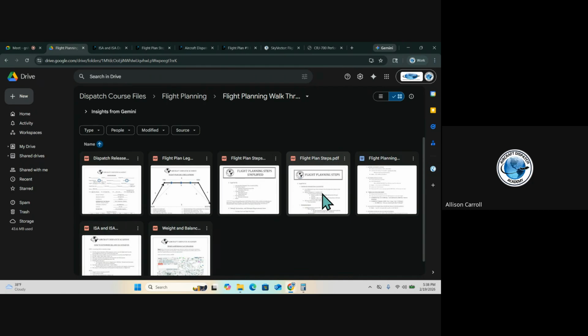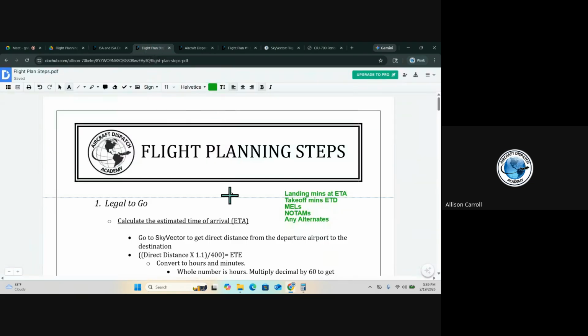We are on the long version just so that we can see every single little step that we do. There is a simplified version that you will eventually look at once you do a couple of flight plans. But this PDF right here, the flight planning steps, not the simplified ones, that's what we've been following.